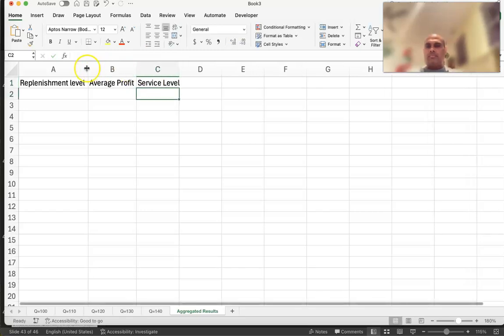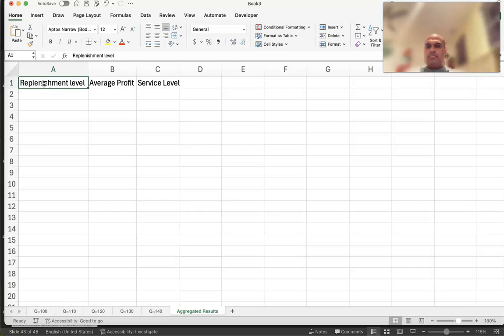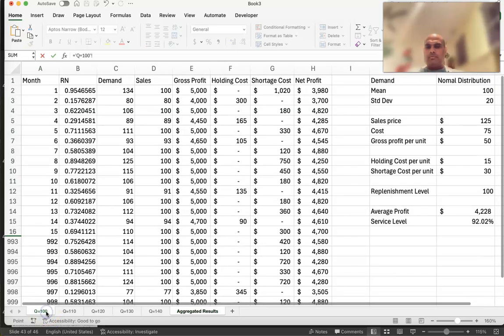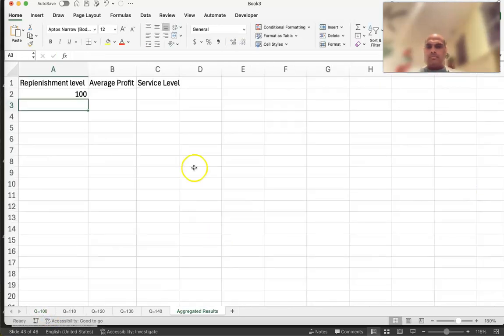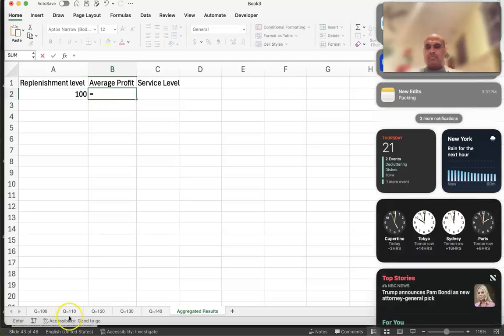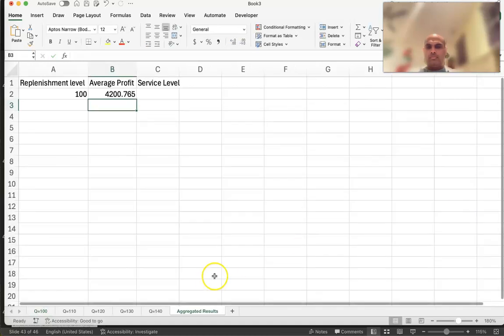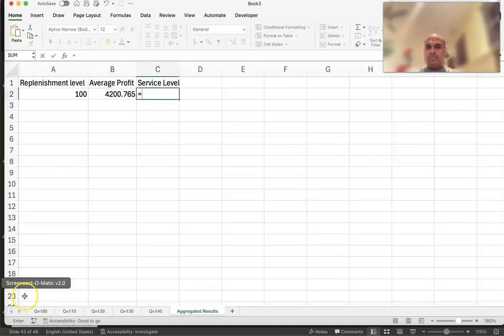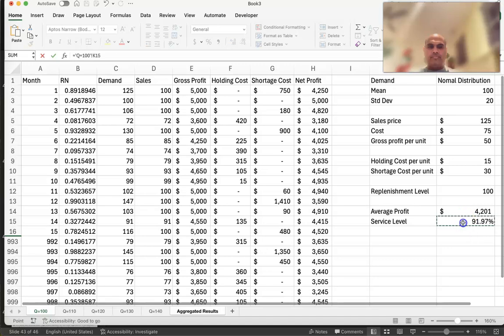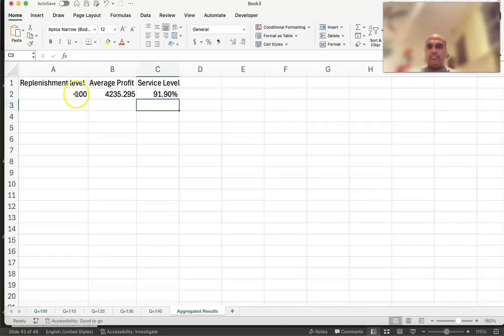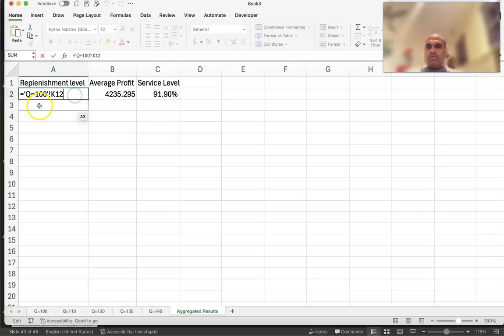So replenishment level, average profit, and average service level. Now, if you notice, it says Q is 100, so I just want to copy this down here.